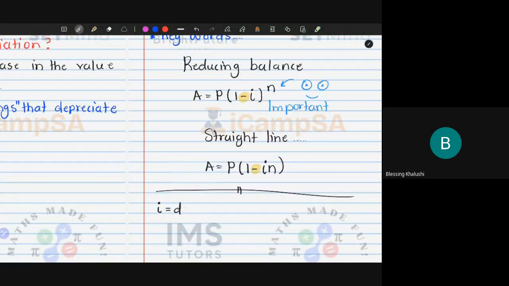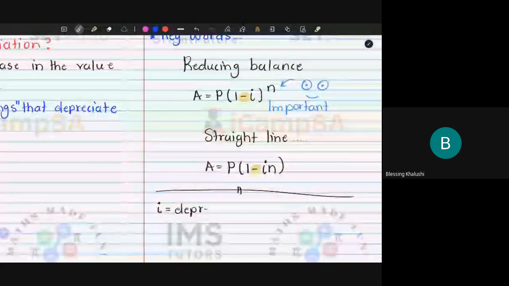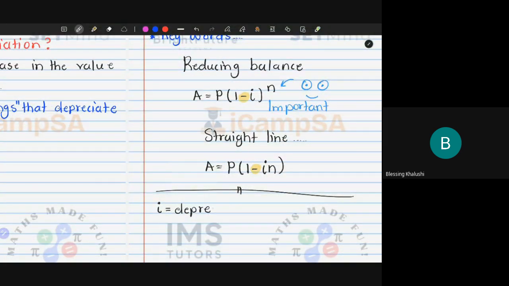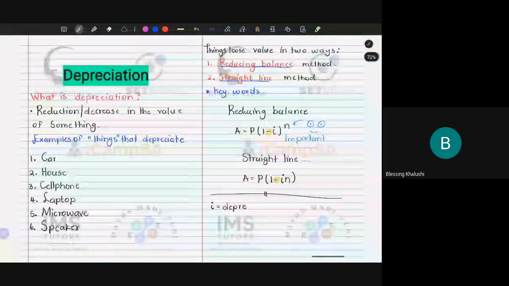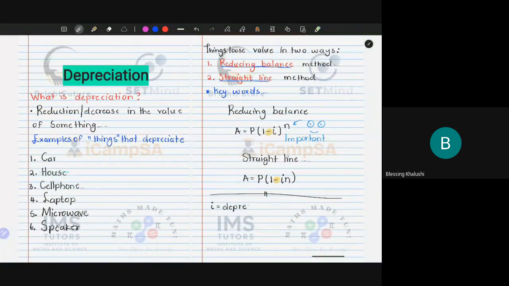Very important. So you must speak like you know the maths, guys, because you know it. So the I we will call the depreciation rate.